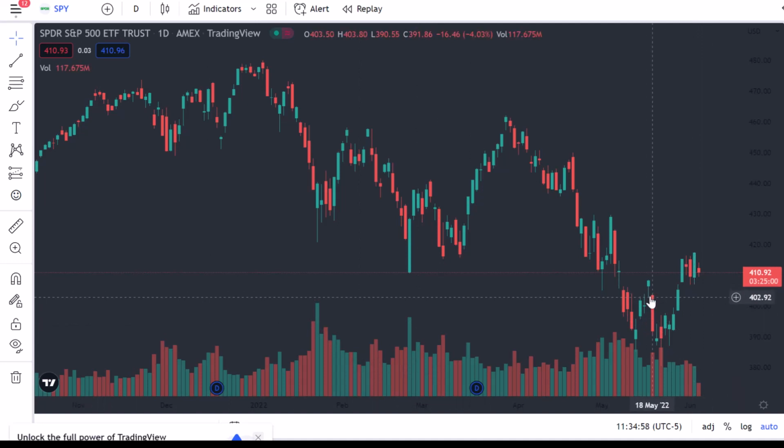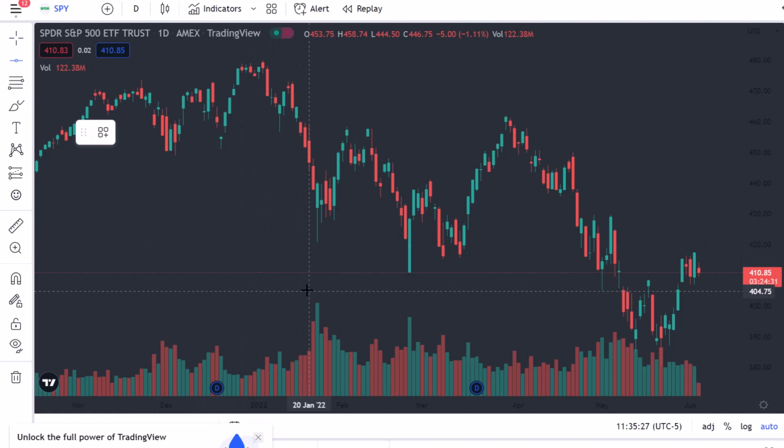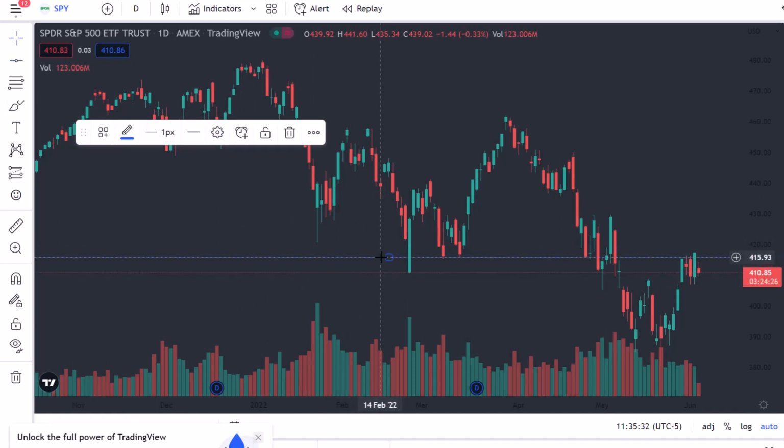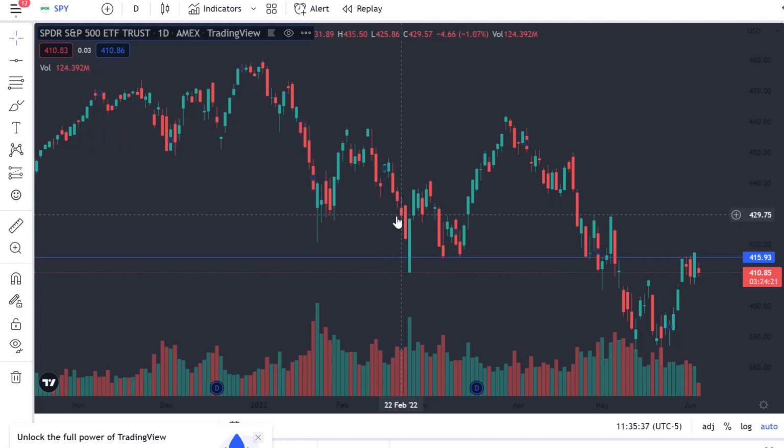We can see that at certain areas, like here, price action tends to get, number one, a lot of volume, and number two, tends to stay around the same area. We can then assume that around this area is heavy support and heavy resistance. We can draw horizontal lines to depict support and resistance.